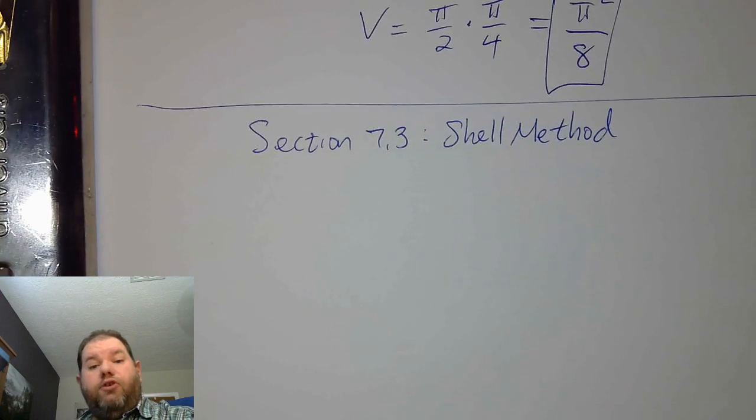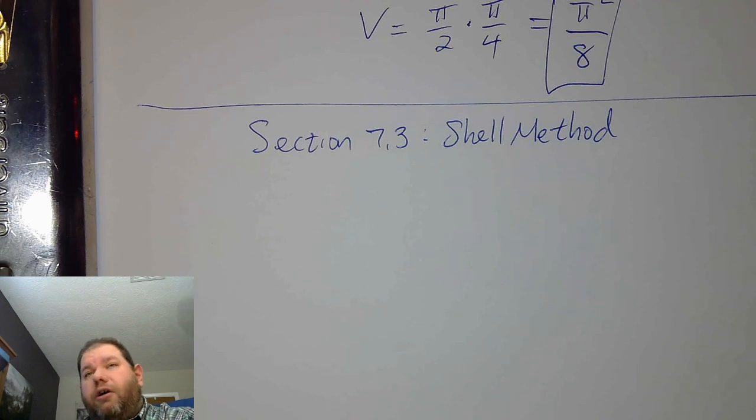So, with the shell method, this is another method for finding volumes of shapes that are revolved around different axes. So it's kind of an alternative to the disk or washer method. Myself specifically, if we have a vertical axis of revolution, then we can use the shell method a lot of times a little bit more easily than we can use the disk or washer method.